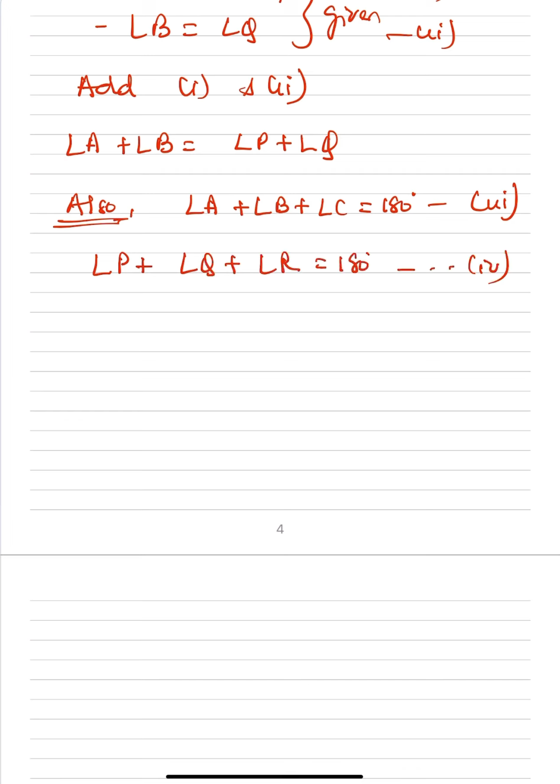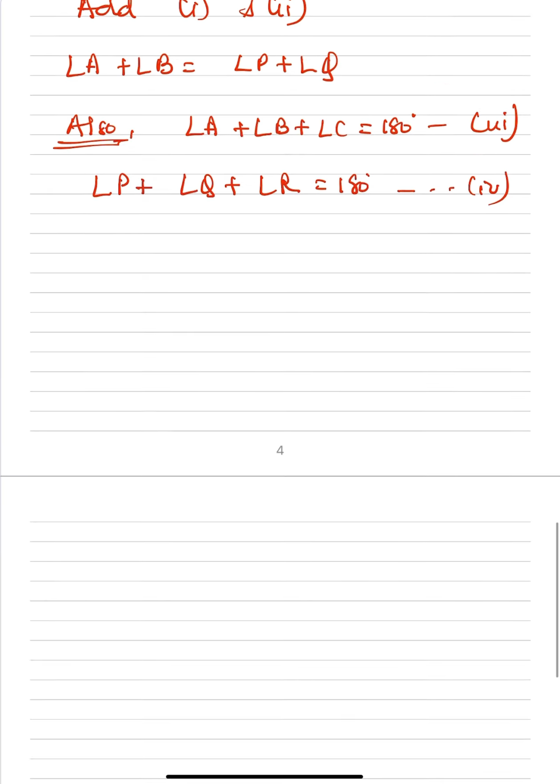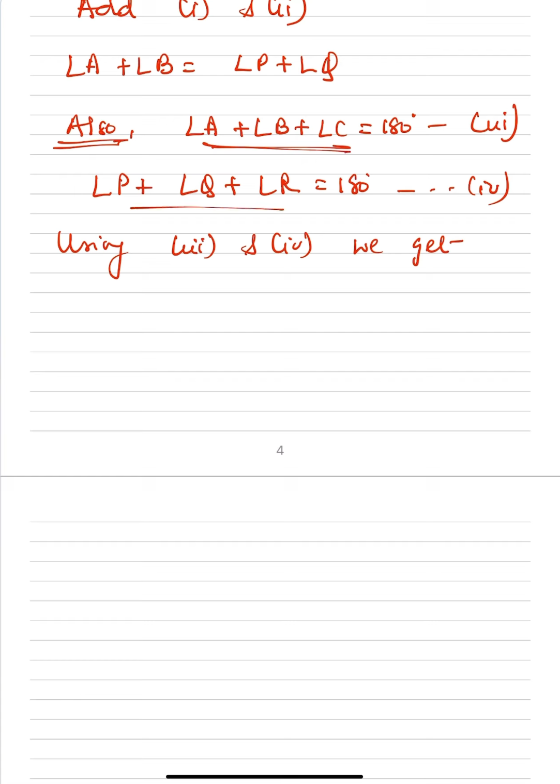Let us take this as the fourth. Using 3 and 4, we get angle A plus angle B plus angle C is equal to angle P plus angle Q plus angle R, which is equal to 180 degrees.